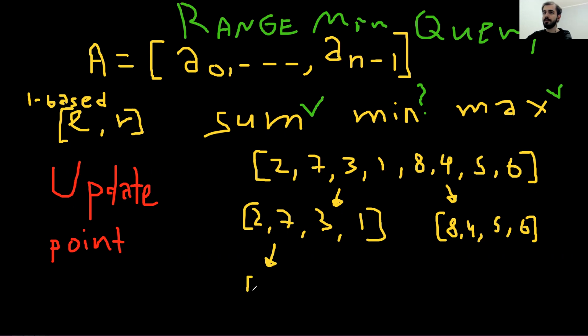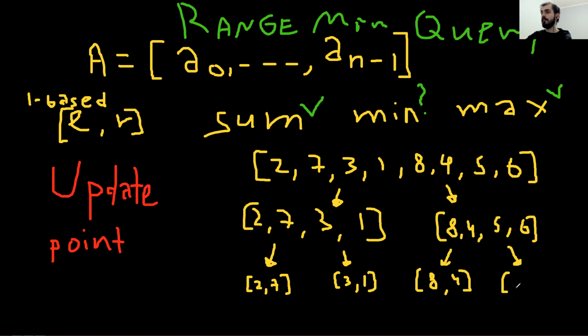So we'll have 2, 7. Here we'll have 3, 1. Here we have 8, 4, and 5, 6. And then we have just singular elements.